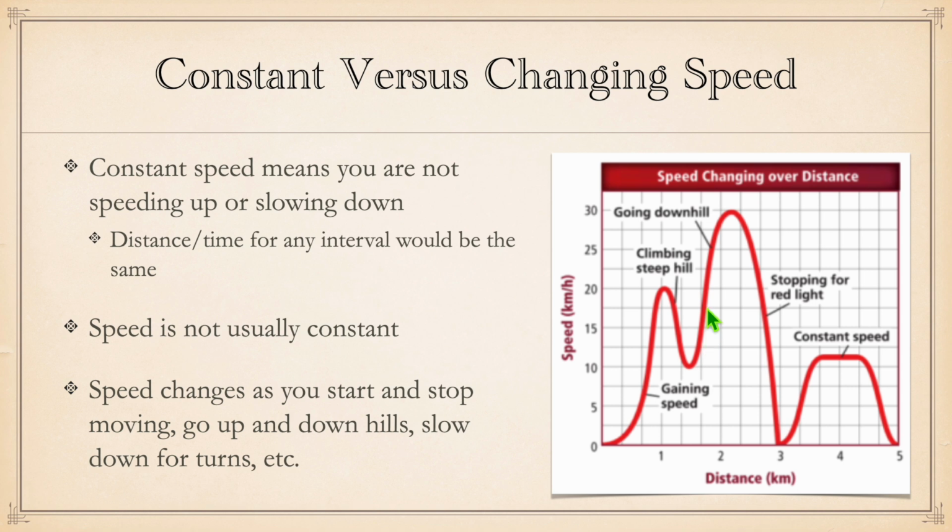Then coming down the other side of the hill, you speed up. Then you have to slow down and stop for a red light, so you get back down to 0 kilometers per hour. Then you speed up again, you travel at constant speed for some distance, and then you slow down and stop again. So this is a graph showing over a certain distance how our speed is changing over that distance.